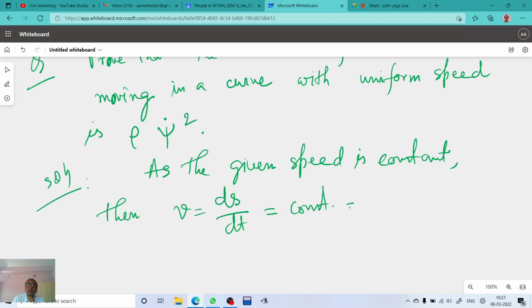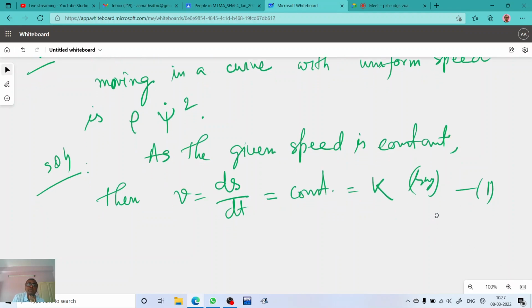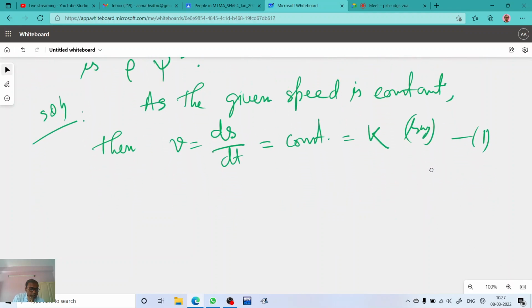Call it equation 1. So v equals ds/dt is constant, which is the given condition of uniform speed.